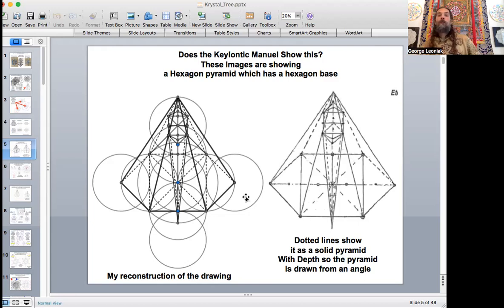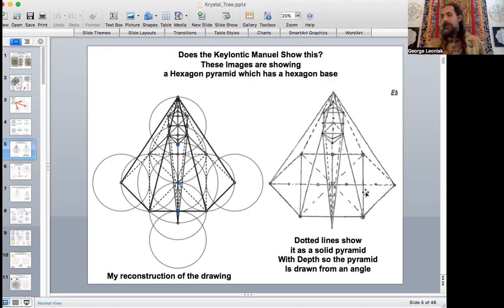So this is the curious part, but all these dotted lines make sense when looking at this as a hexagonal pyramid, all right? So we can look at it as basically a pyramid with a hexagon base. I think I have one of those somewhere around here.